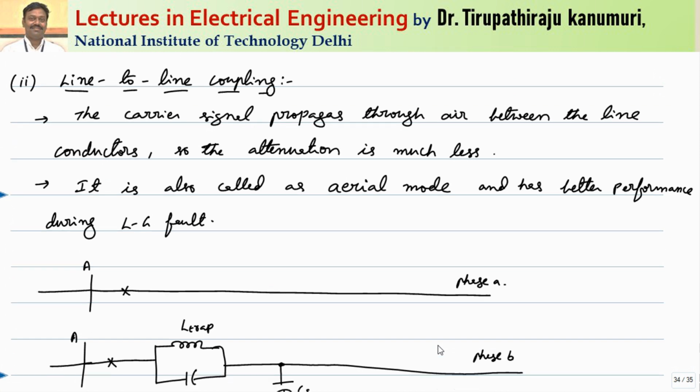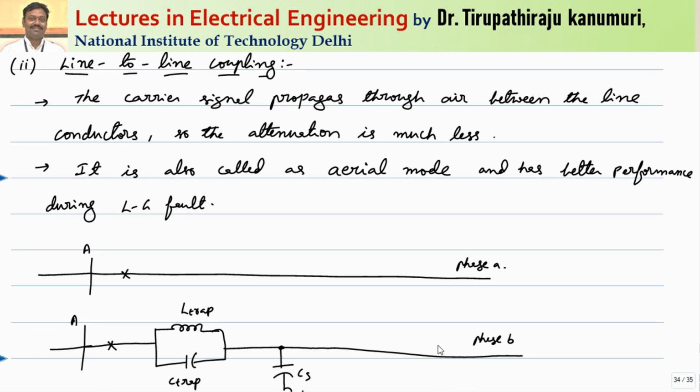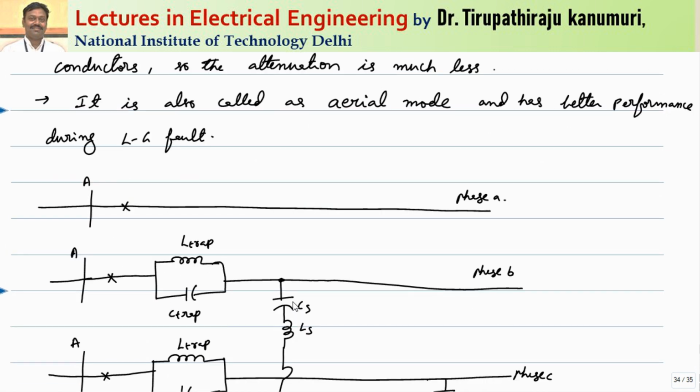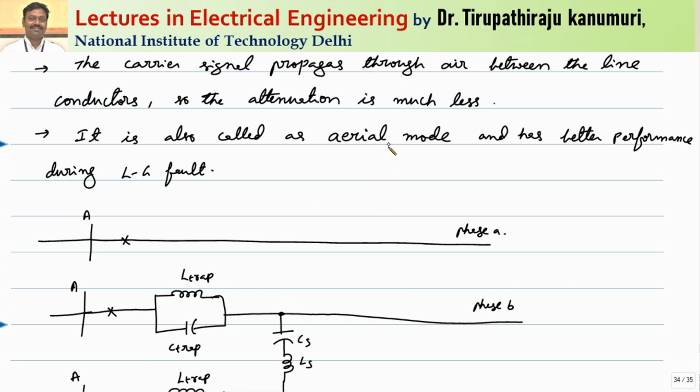So practically we go for line to line coupling. In line to line coupling, we do the coupling between two lines, and in this case the carrier signal propagates through the air between the line conductors. Between these two phase conductors, let us assume I have done it between these two phases, it will transfer through the air between these two conductors. That's why this is also called aerial mode coupling.